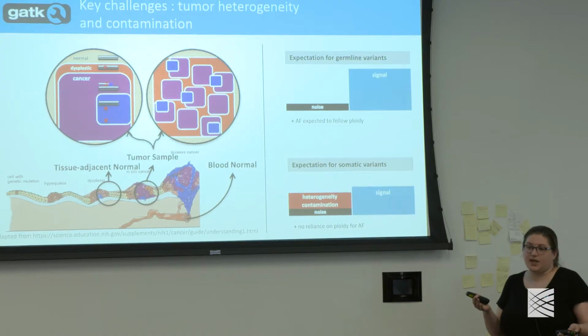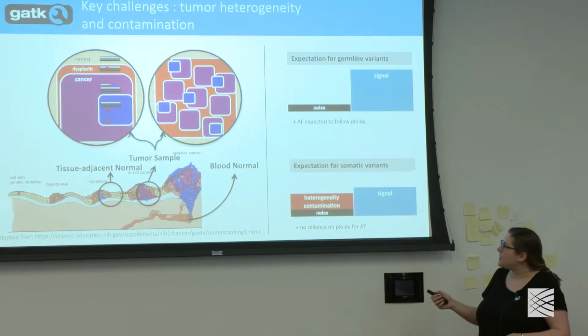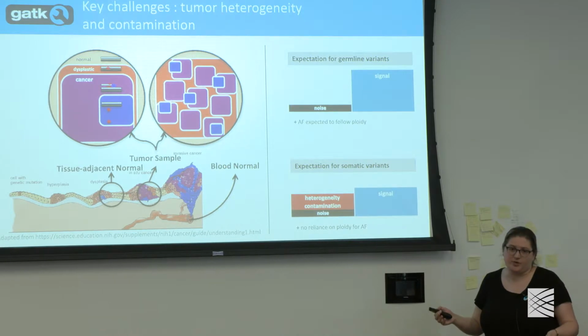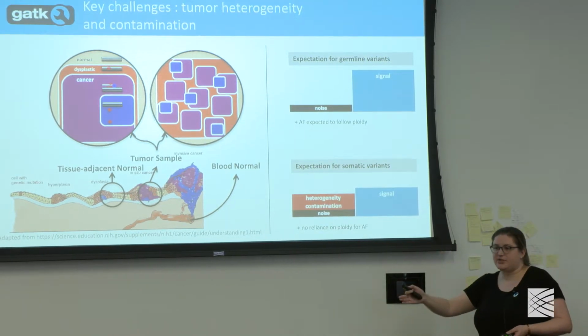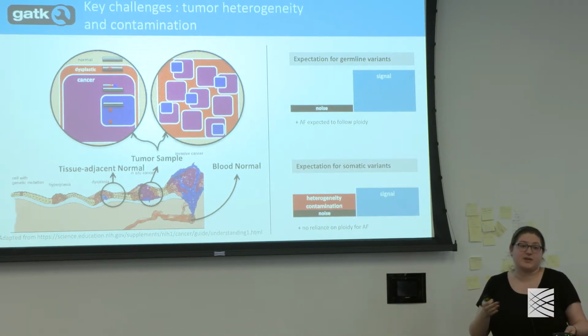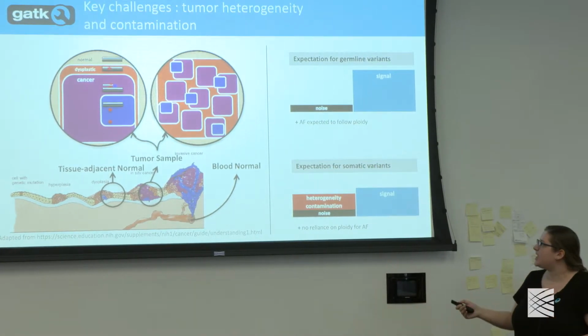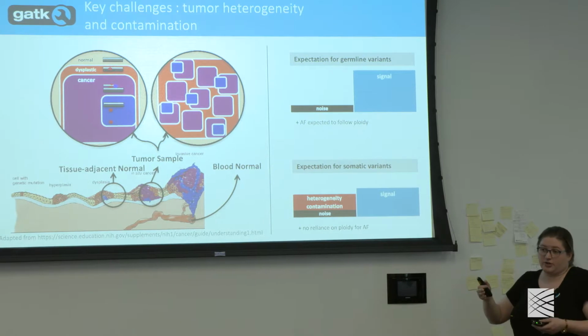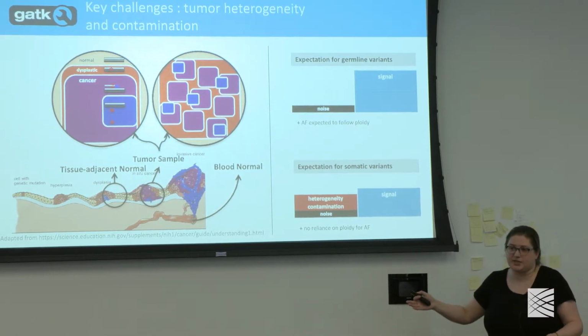You wouldn't be able to use a germline caller because now we expect contamination from the normal. So we're no longer expecting a ploidy of 2, a beautiful 0.5 allele fraction for your call. It could be much lower because you have the normal sample mixed in. In addition, your cancer cells could have multiple populations.